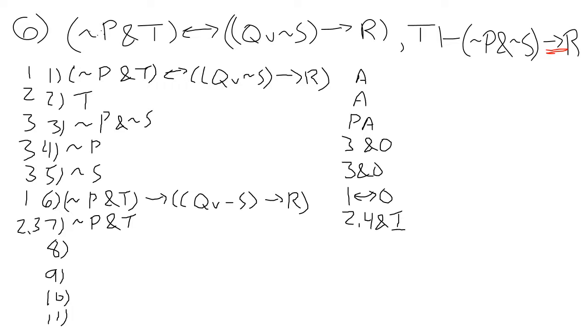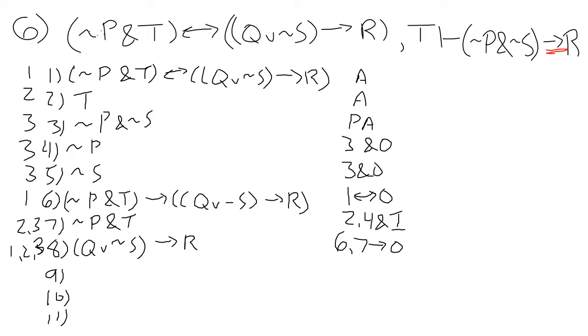Then we can get our q or tilde s, arrow r from 6 and 7, arrow out, 2 and 3.